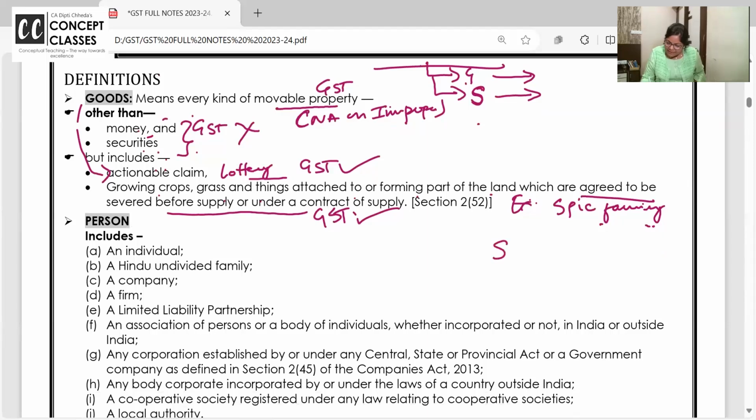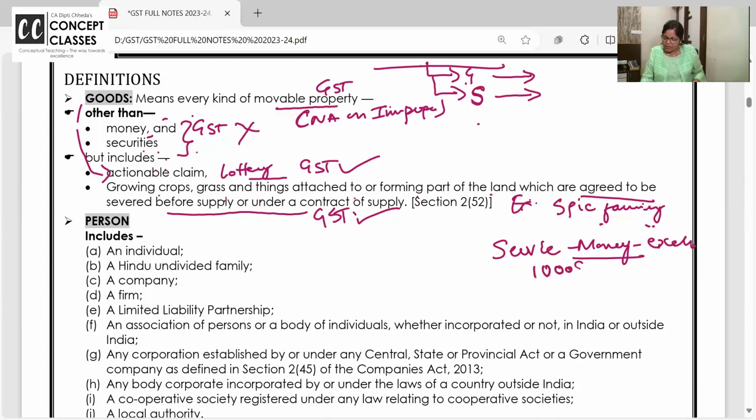But if there are any services related to money, say I go to a money exchanger with $1,000 and I say against $1,000, give me rupees. He will charge his commission. On that commission, will GST be there? Yes. Money exchange, followed or not?